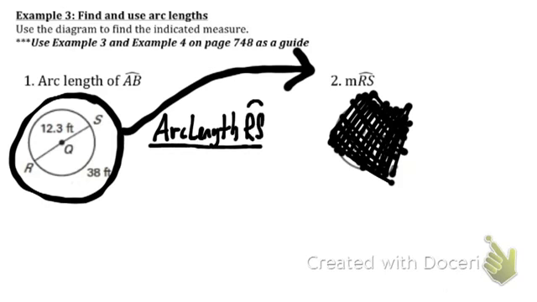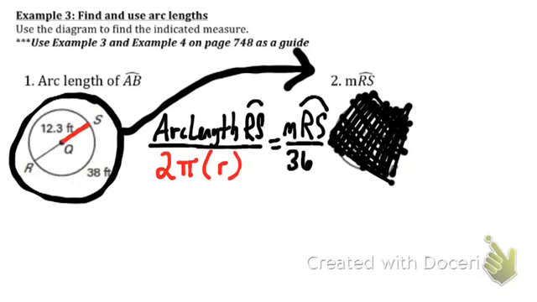Arc length is still the part of the circumference. And because we have just the radius, it looks deceiving, but the radius is 12.3. So I'm going to use 2 pi r as my formula for my circumference. That ratio is equal to the measurement of arc RS over 360.